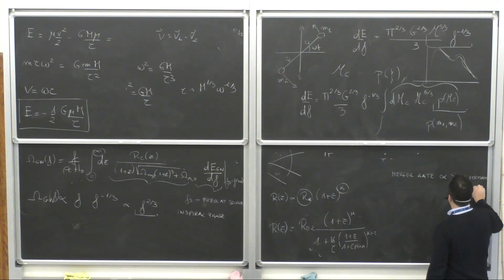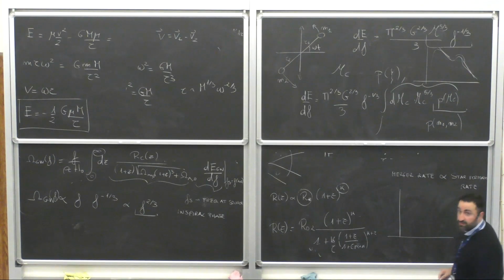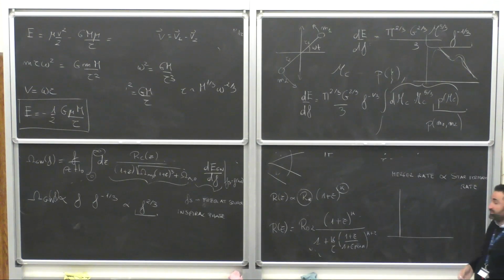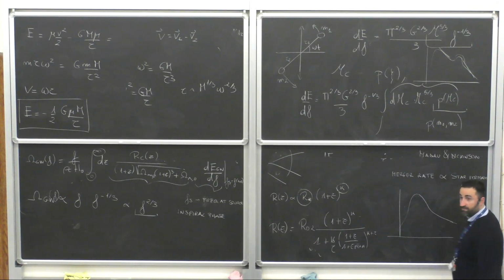Okay? So in principle, they assume that the number of mergers tracks, if you want, the rate of formation of stars. For the rate of formation of stars, we have a fitting formula, yes, by Madau and Dickinson, okay, that has more or less a shape like this, okay.